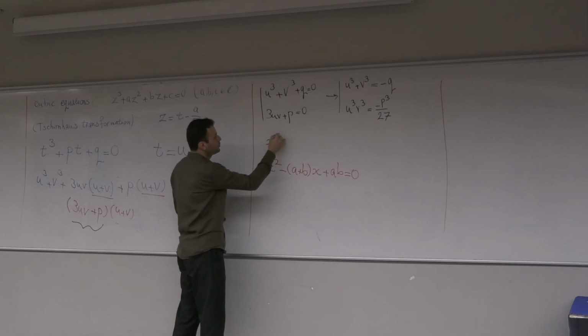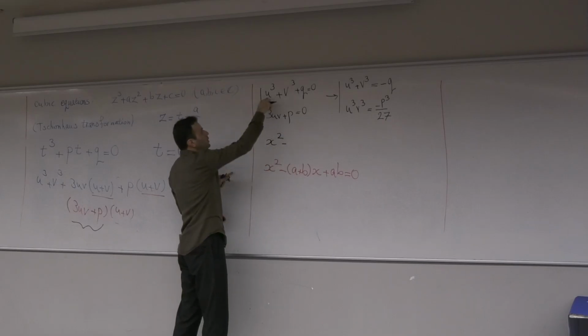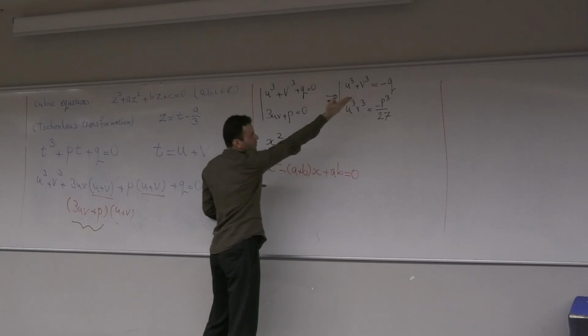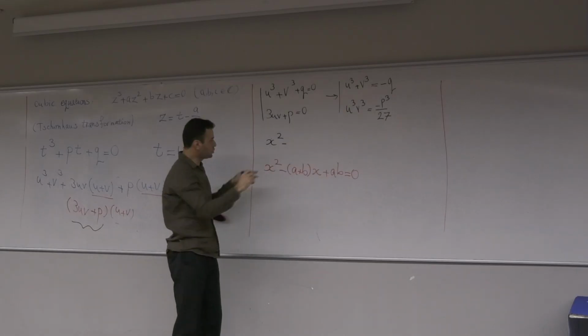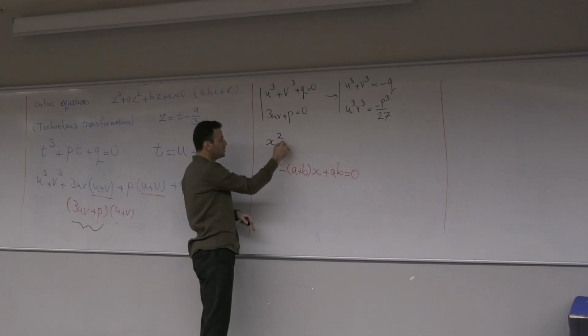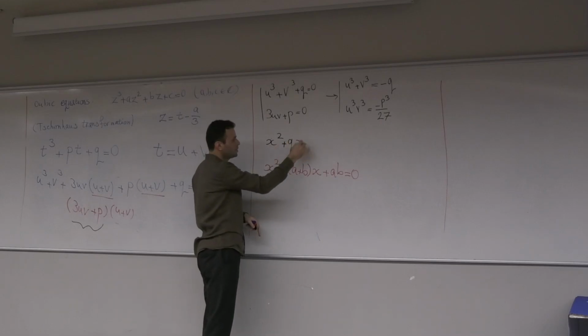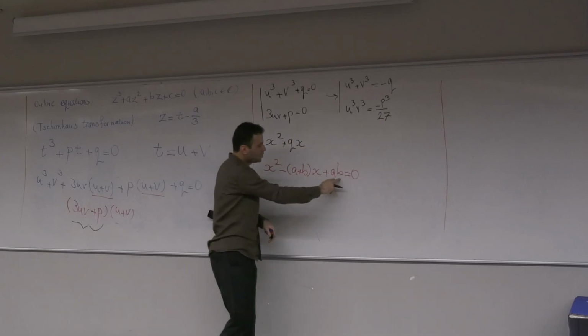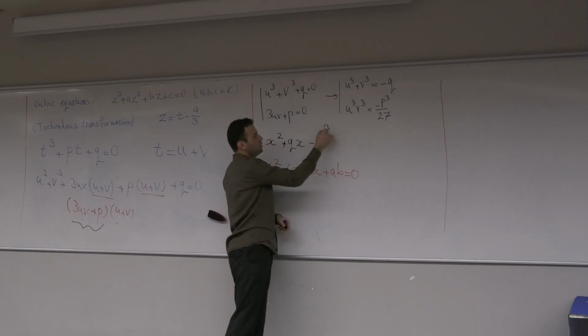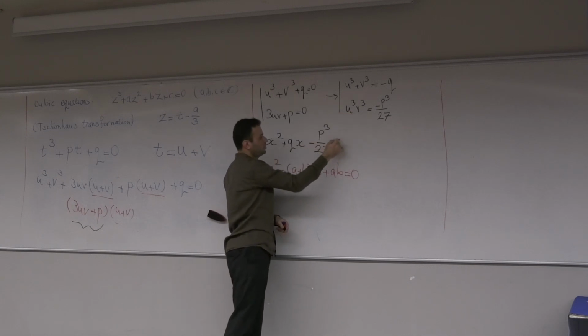It is x to the power of 2 minus this number plus this number, which is going to be what? Minus q. So instead of this a plus b, I write minus q. With this minus, this is going to be plus q, x. What is their multiplication? As you see here, minus p cubed divided by 27.